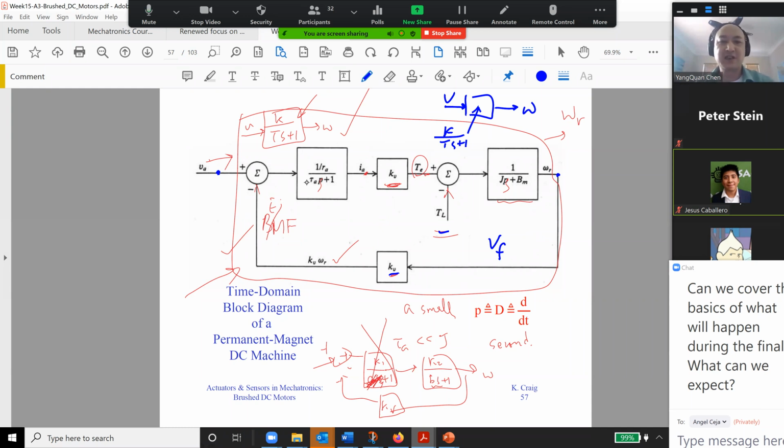The reason is the time constant tau A is much less than this J, so it can be ignored. In other words, the excitation dynamics is much faster, and the transient will die out very quickly. Therefore it can be ignored.